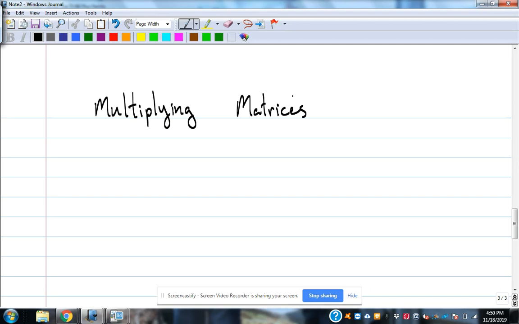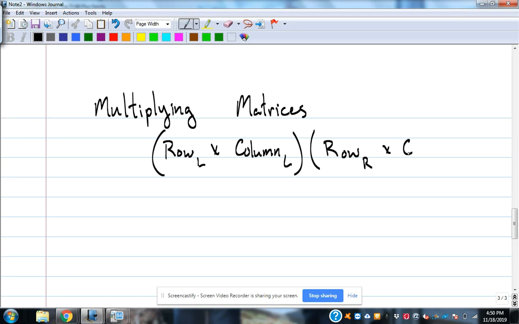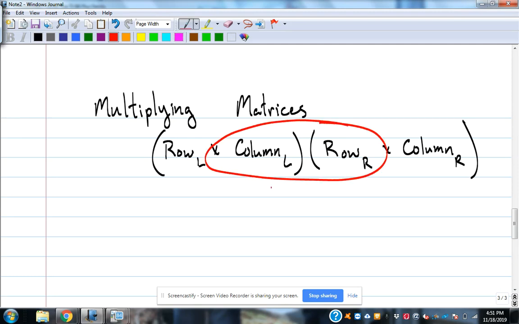Multiplying matrices. You've got 2 matrices that you're multiplying together. They have dimensions. So what has to happen is the rows and columns of the left matrix times the rows and columns of the right matrix, and these 2 must match.